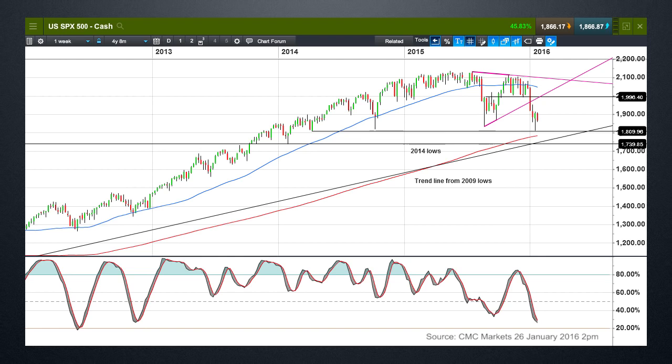So the broader uptrend that we've been in for the last 6 to 7 years still remains intact. We're still above some key support levels, and until such times as those support levels break, the likelihood is we're probably going to continue to trend off that support level. If we break the support level, then we could well navigate lower.